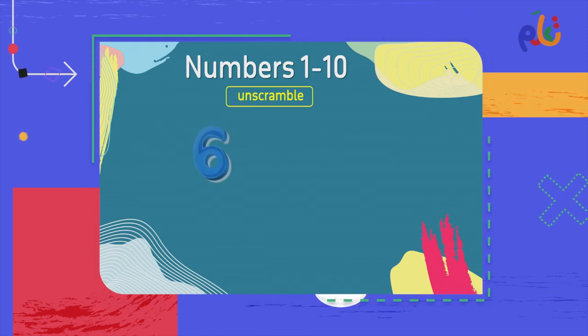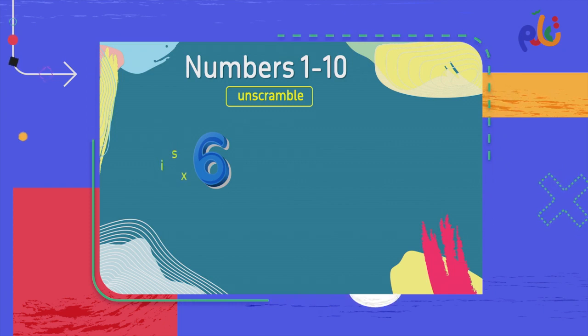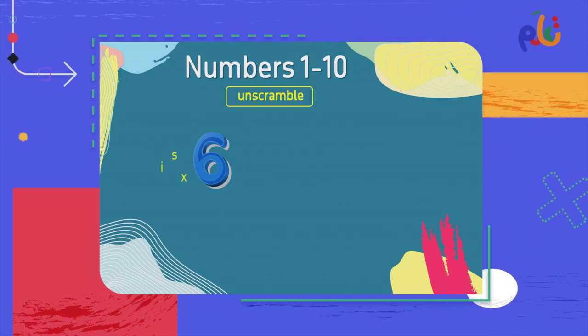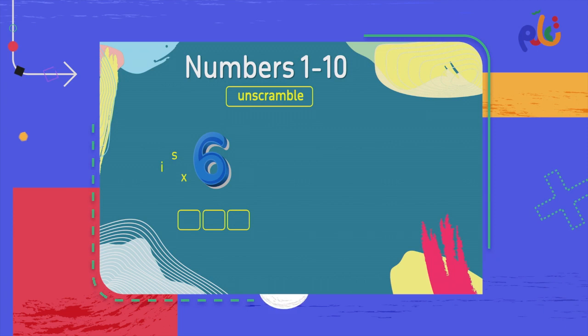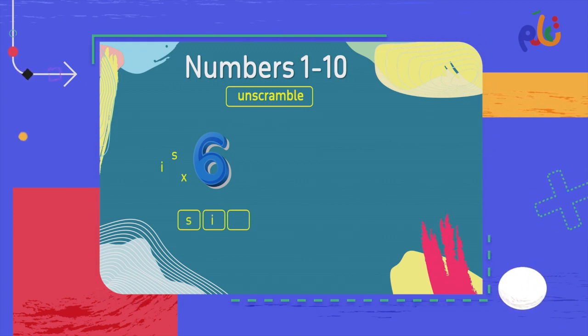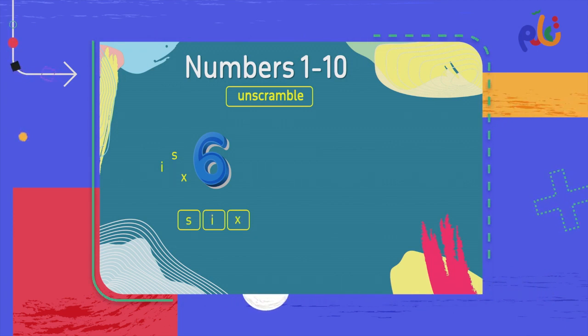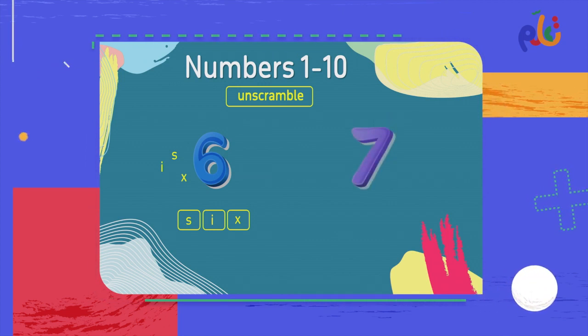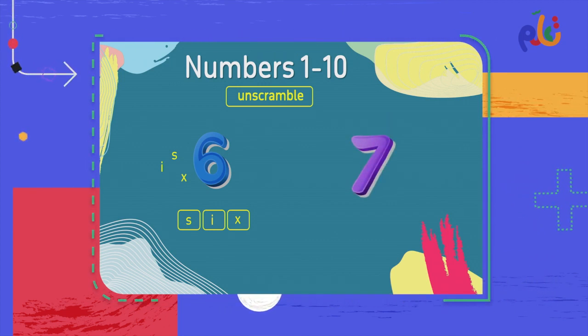Okay, let's take more numbers. 6. Do we start with the I? No. تعالوا نشوف the right form. S, I, X. Perfect.